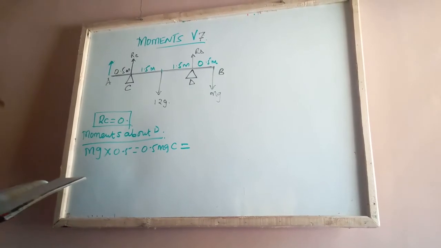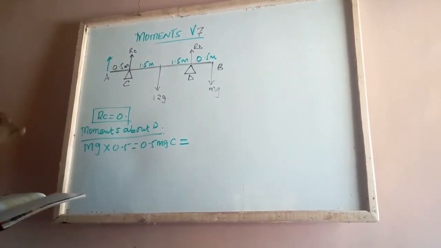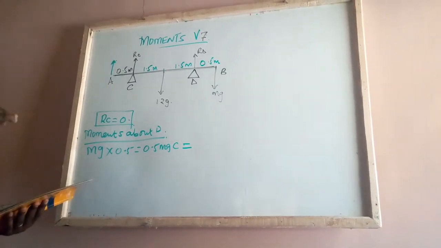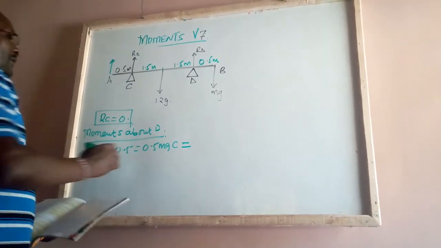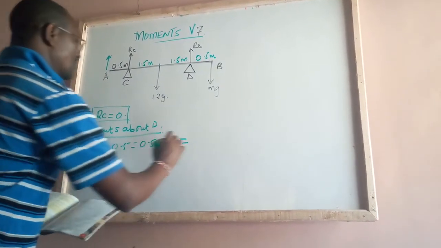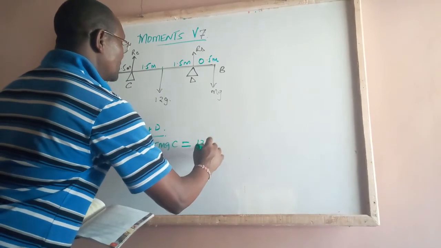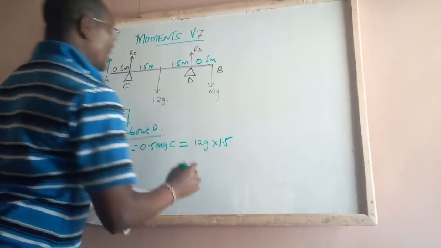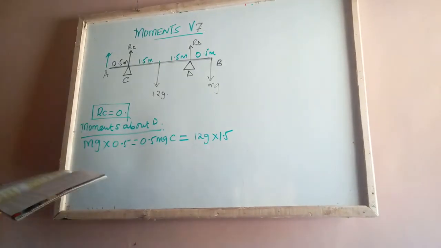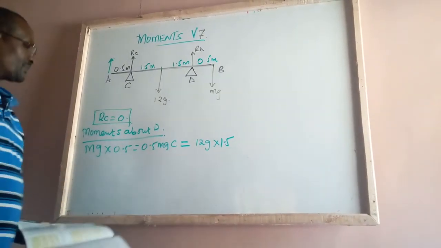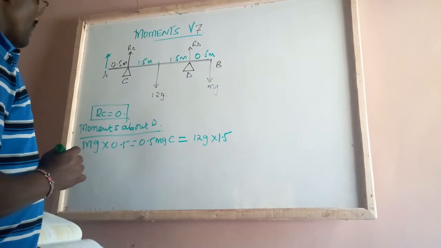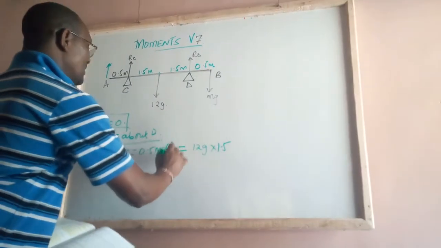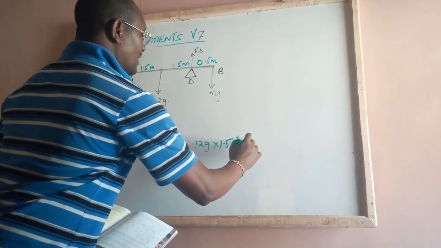Because it is still at equilibrium, it's just at the verge of turning, this is going to be equal to 12g times 1.5, because it is anti-clockwise. This is clockwise and this is anti-clockwise.